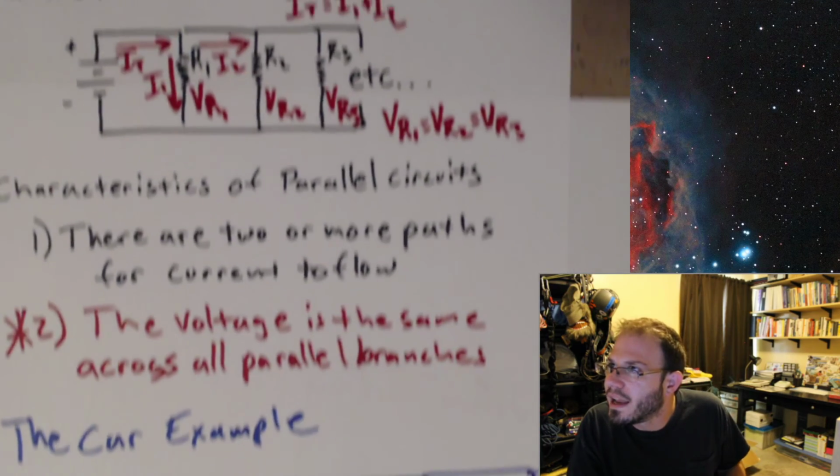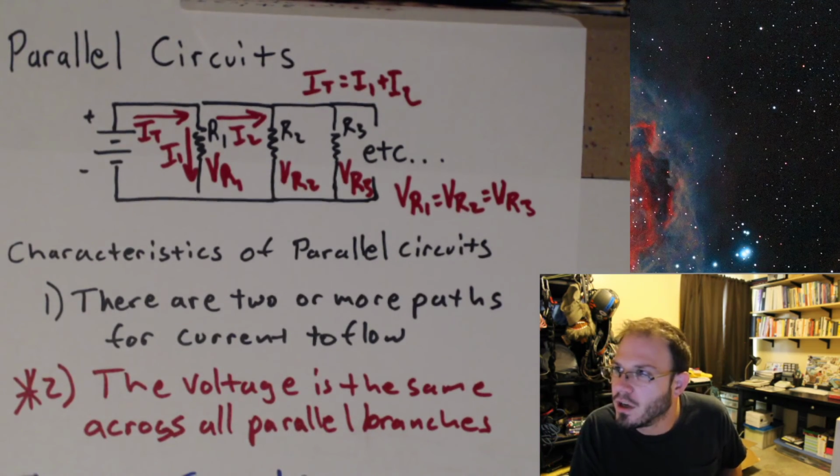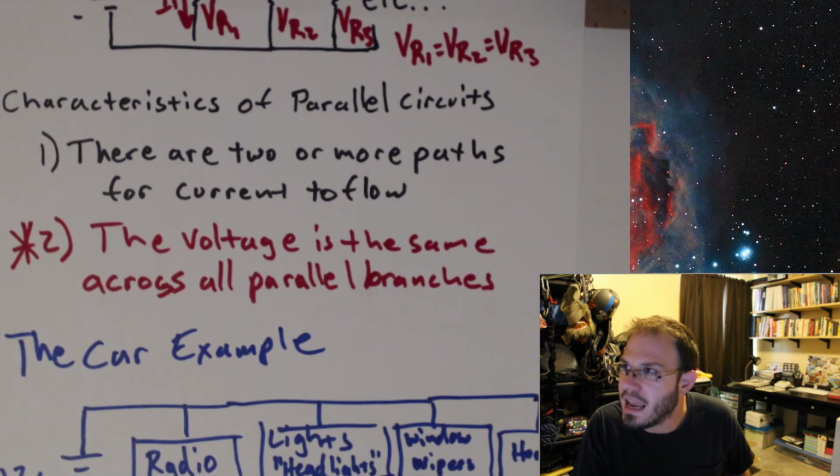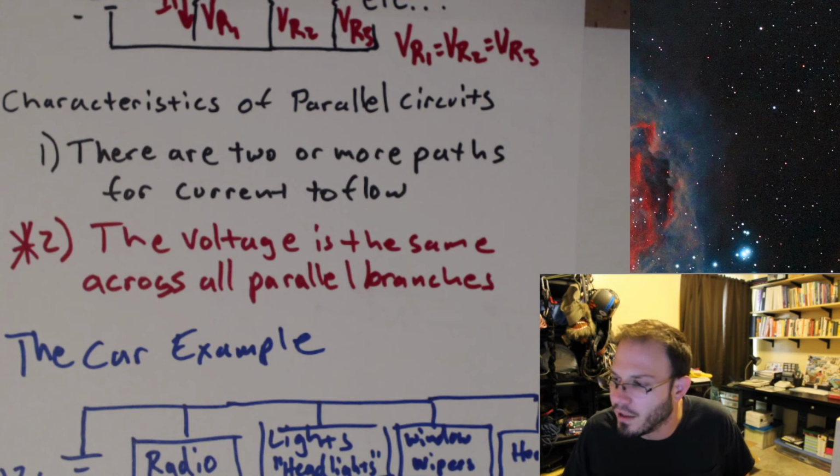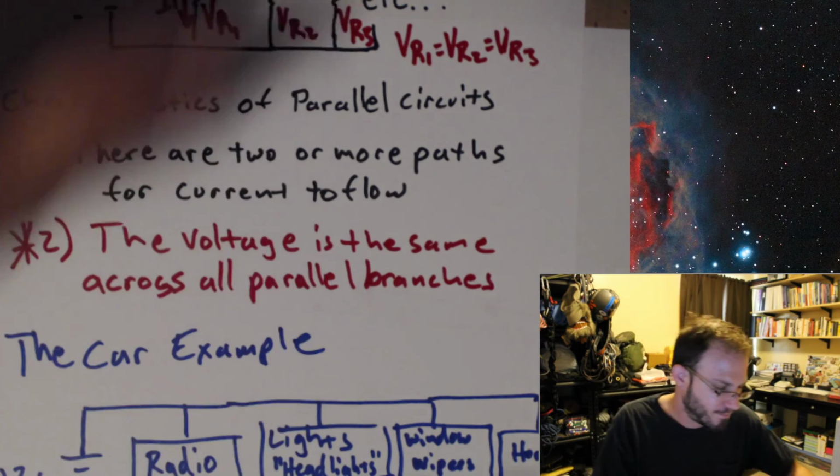So reiterating, we got 2 or more paths for current to flow, and the voltage is the same across everything that is in parallel with each other. We good? Okay. My lights on the dashboard are 12 volts.